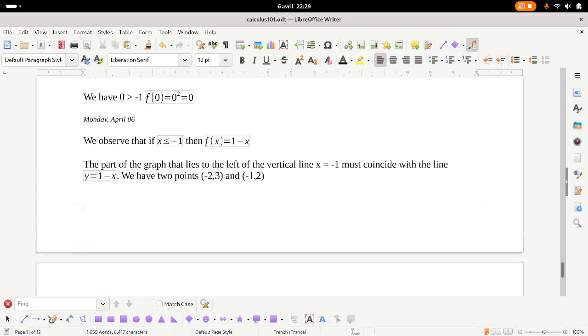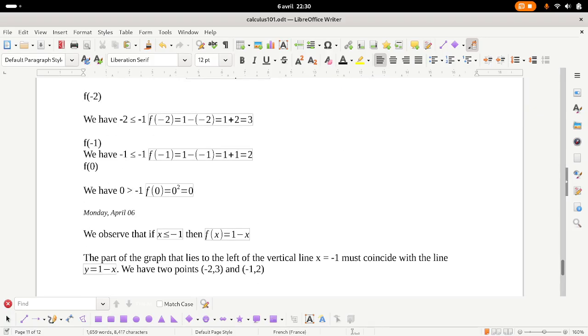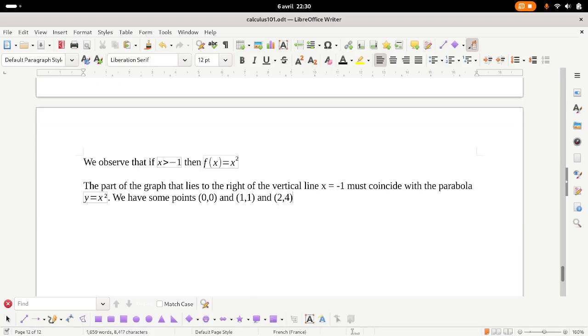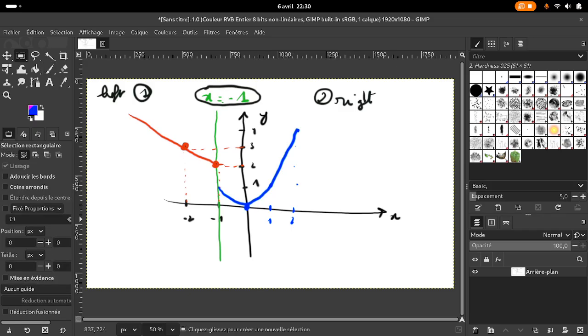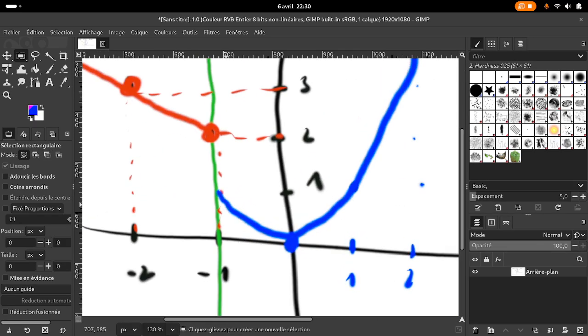And now we will discuss this particular point, which is -1, 1. So the graph stops, it has a point at -1, 1, and it starts when x is strictly greater than -1.